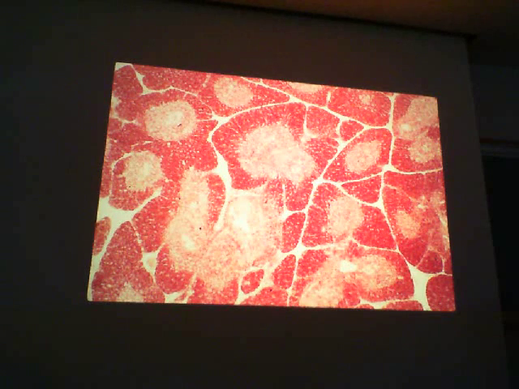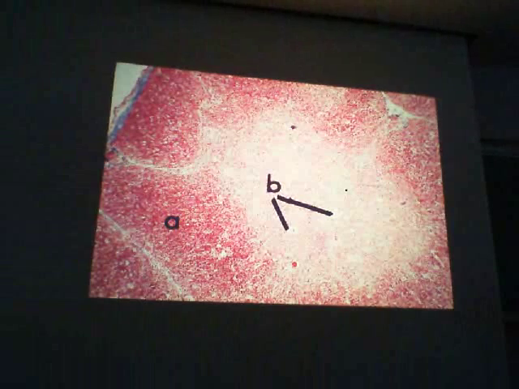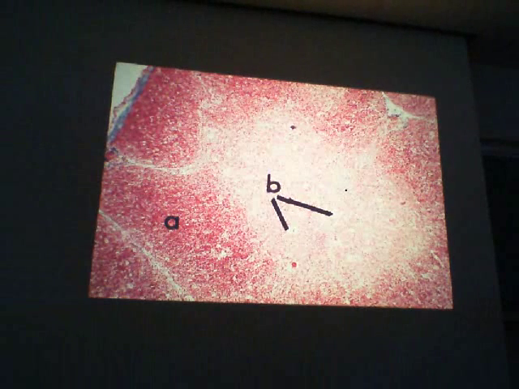How about this organ? What is this? Thymus. And this area would be what? Medulla, and that makes this the cortex. Okay, and let's see what I wanted to show on that one.